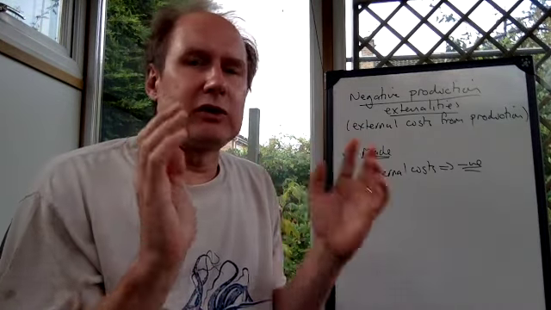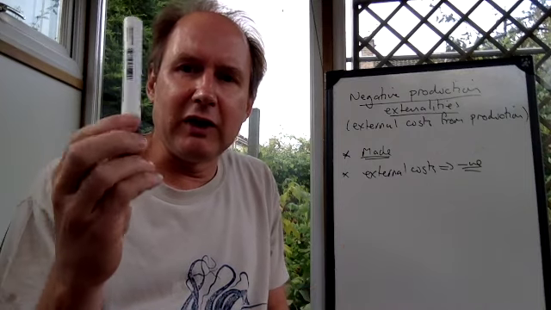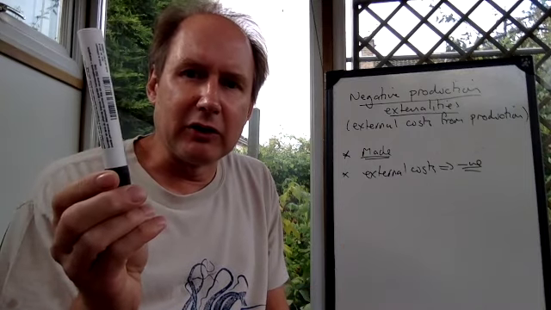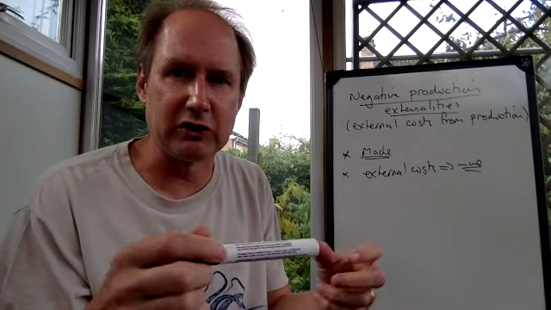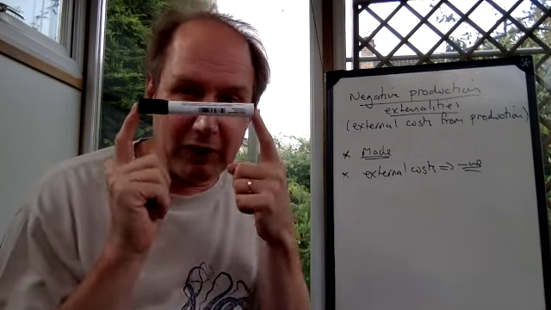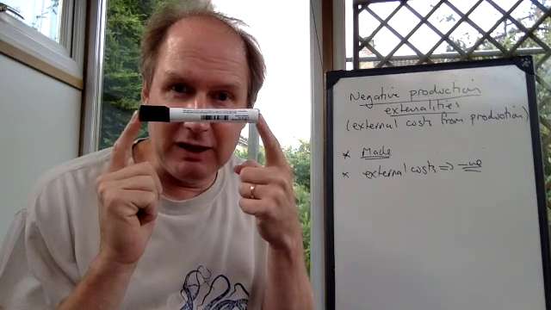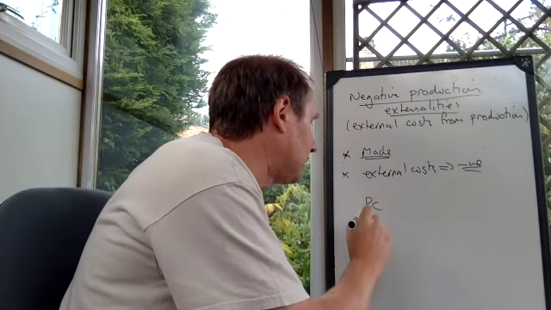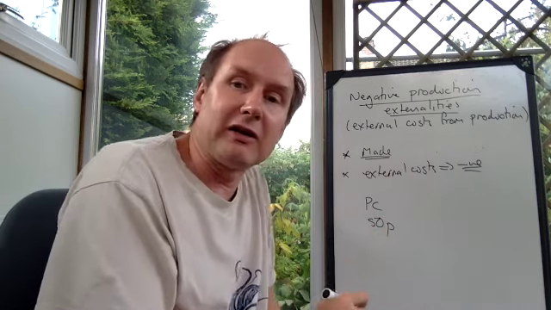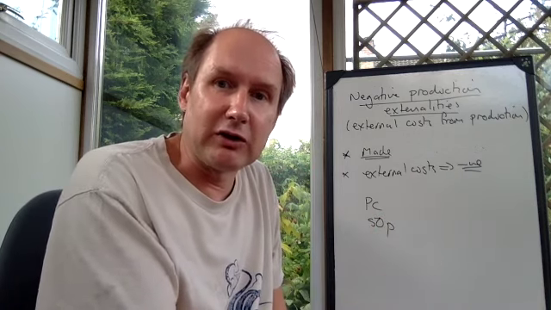As a result, the costs that they incur making a product are far less than the true cost of resources that have to be used. They pay, say, 50p to make the pen. So we're saying that the private cost is 50p, and that's plastic and labour and so forth.